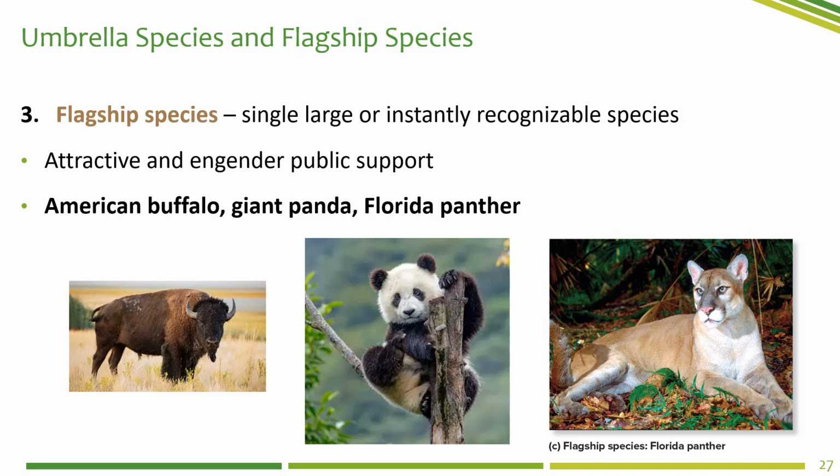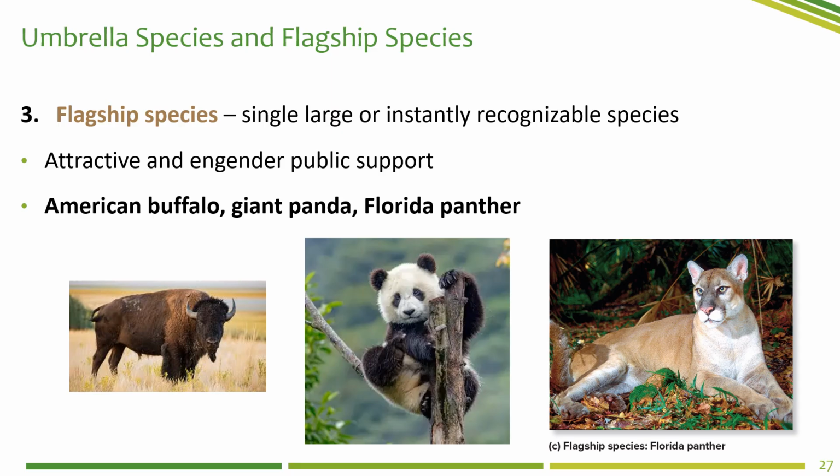A flagship species is a single large or easily recognizable species. So these are the animals that are going to win the popularity contest. These are the ones that everybody knows are endangered. Everybody loves them.